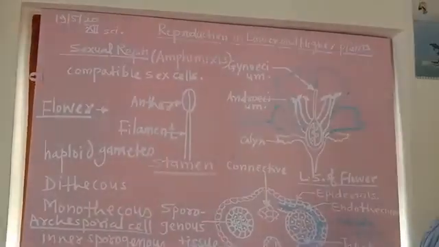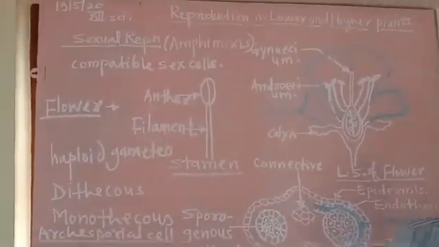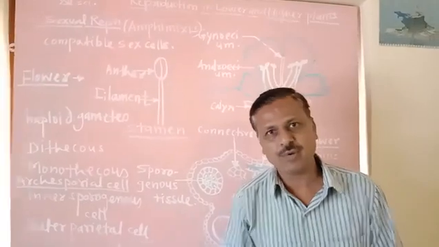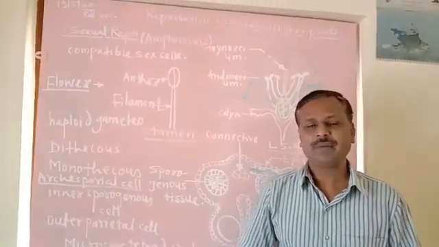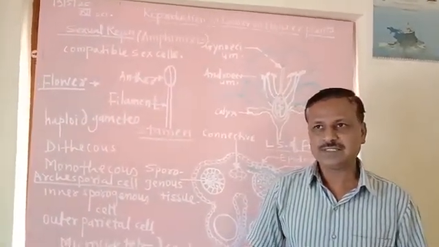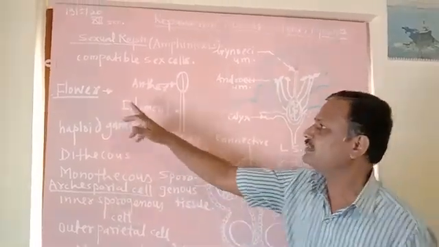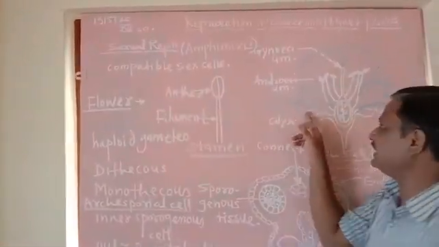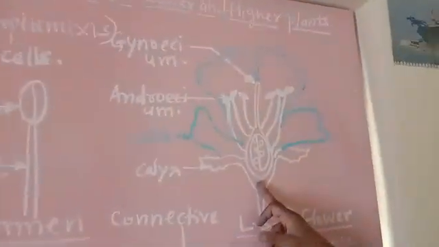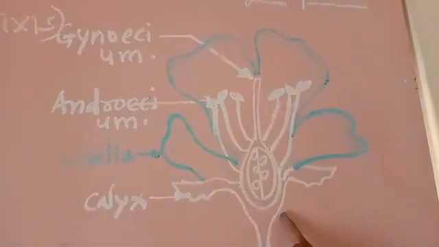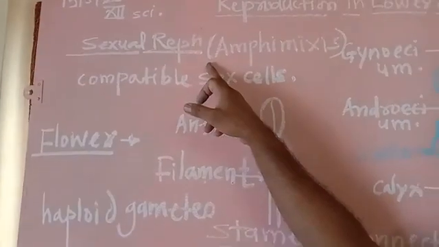Sexual reproduction takes place in higher plants at the time of the flowering phase. Thus, the flower acts as the site for the process of sexual reproduction.